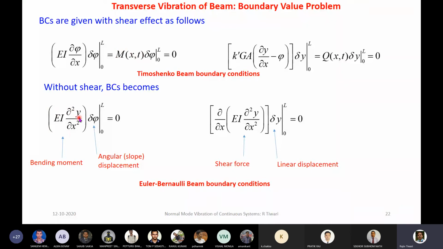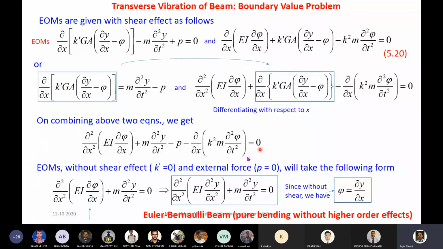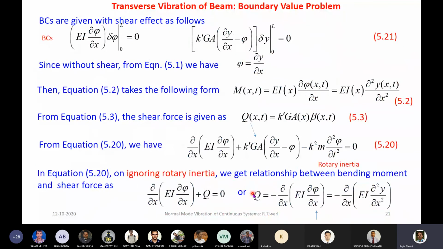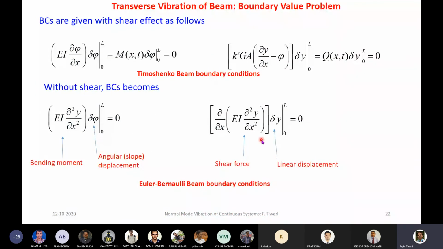Here, because the beta term is ignored, phi can be replaced with dy by dx, so this will be a double derivative. Similarly, the shear force we are able to write. So this is the boundary condition corresponding to the differential equation we got for the Euler-Bernoulli beam. Now we are able to simplify the boundary conditions of the problem also.